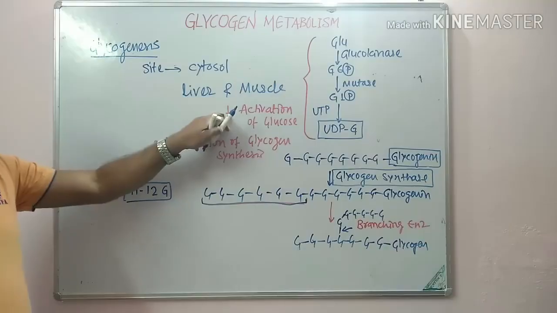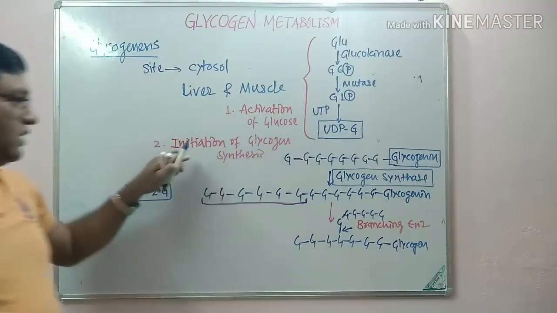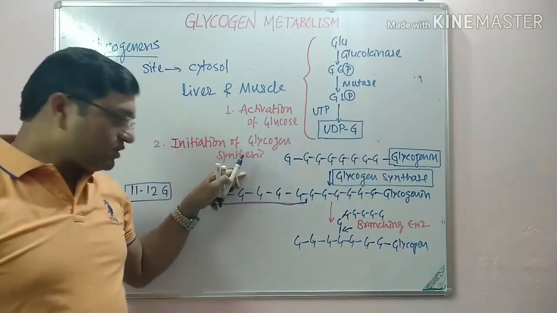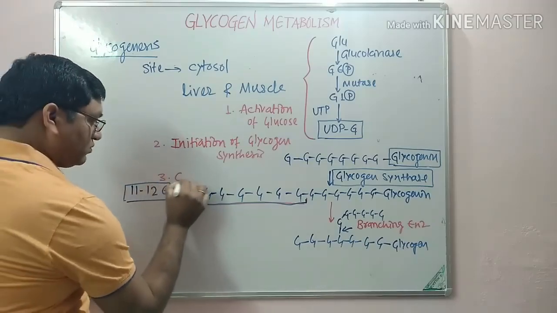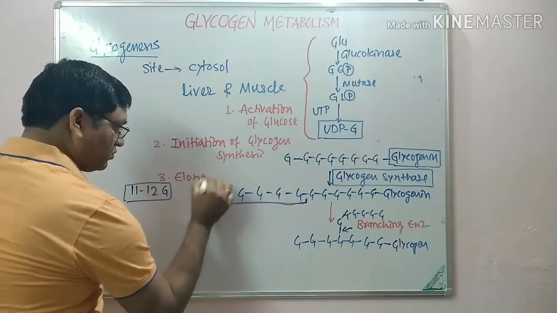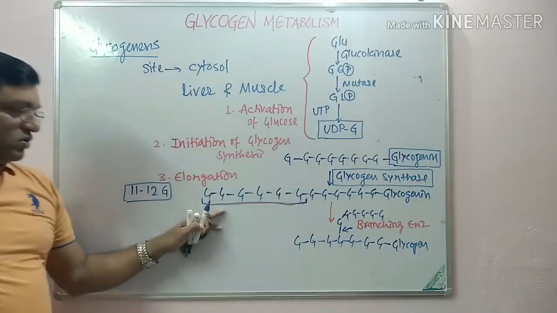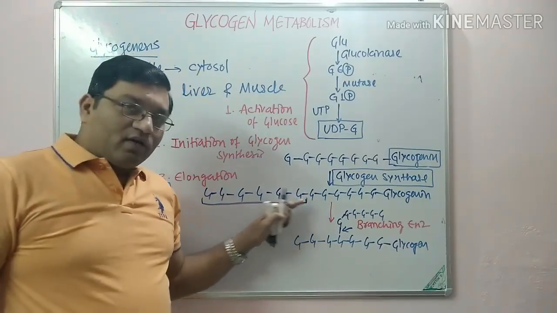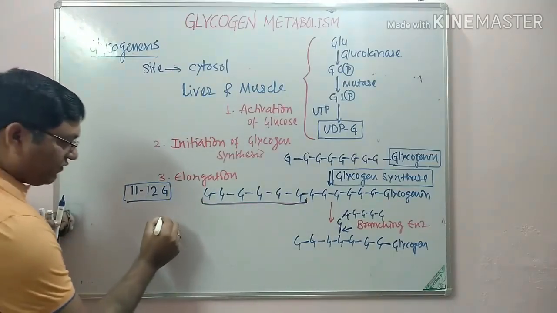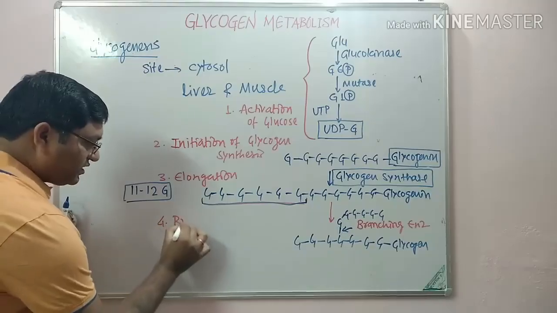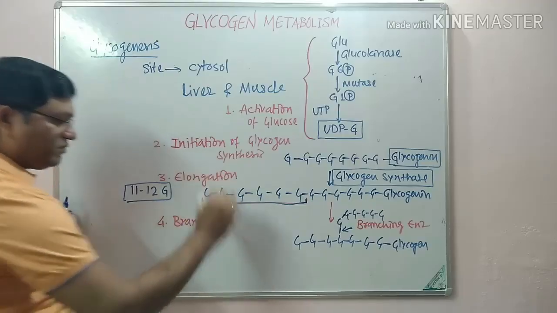So the first step is the activation of glucose, meaning the formation of UDP glucose. Then initiation of glycogen synthesis. The third step is elongation, which means addition of glucose to the growing chain. Then after the elongation, the fourth is the branching with the help of branching enzyme.